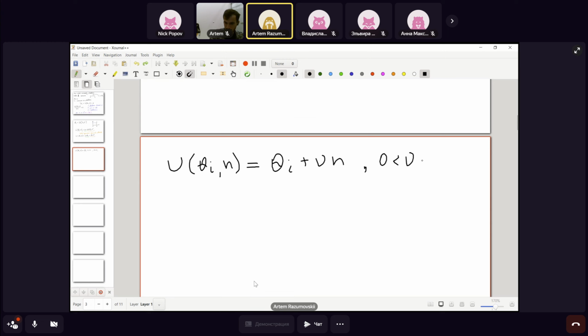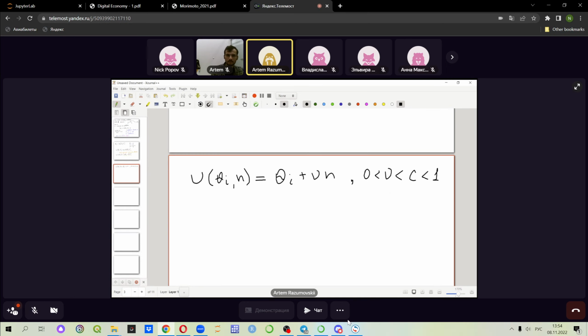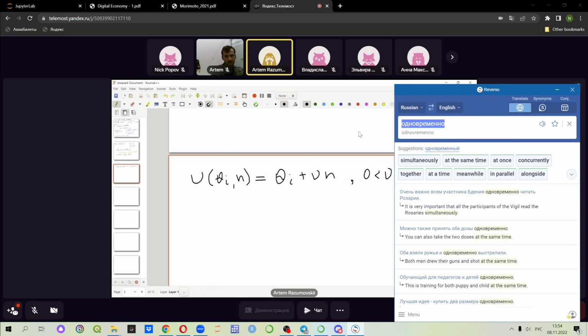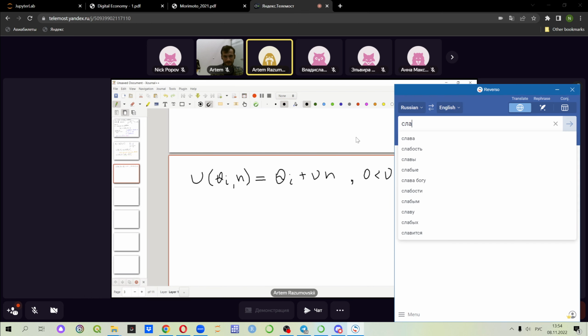Can we imagine the model in which both elements depend on the type? Yes, sure. Okay. Oh, yeah, why not? That would be the closest to reality, right?